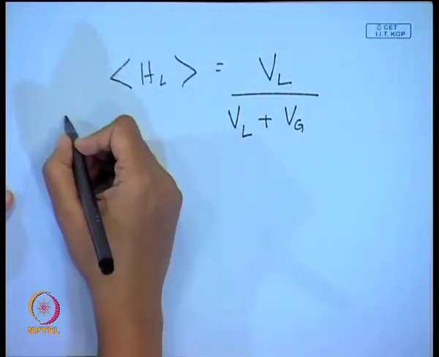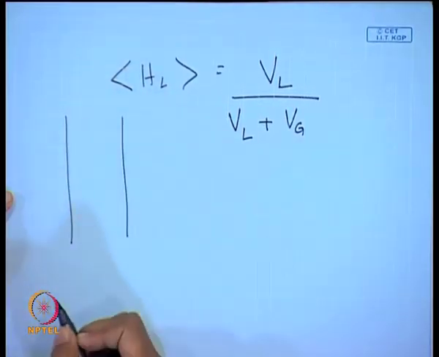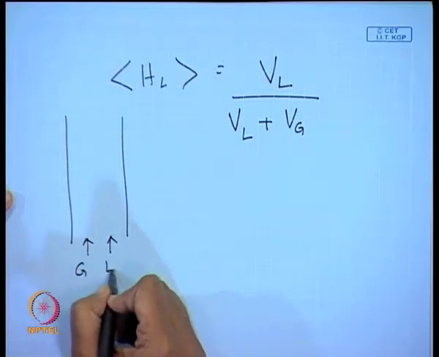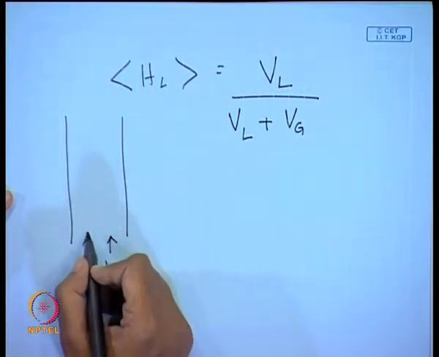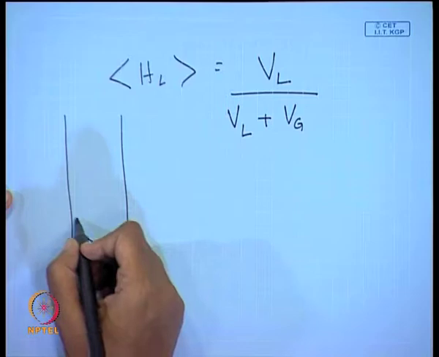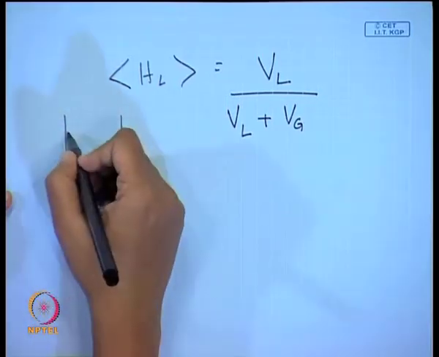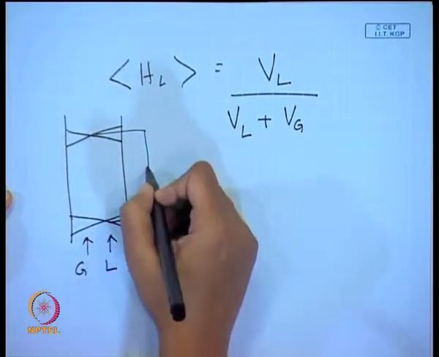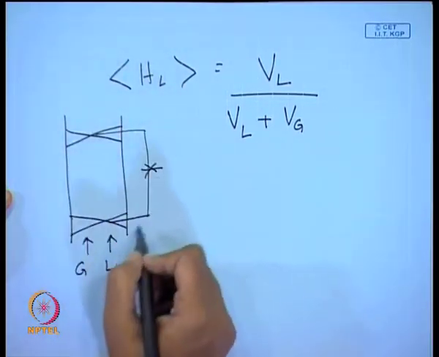V total. So, therefore, suppose we have a channel in this particular way, and suppose a gas and a liquid mixture is flowing. So, what we can do is, suppose we have a valve here and a valve here, at one particular instant we simultaneously close both the valves.